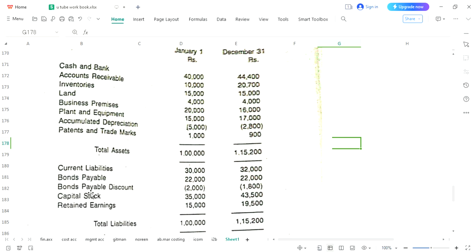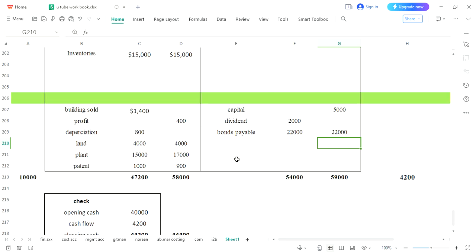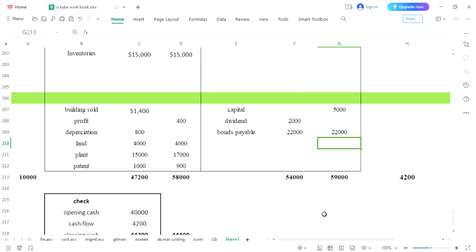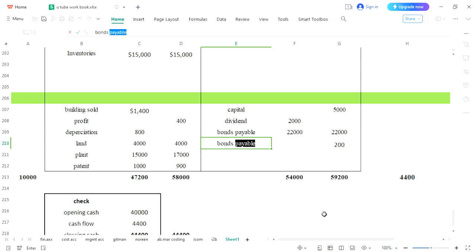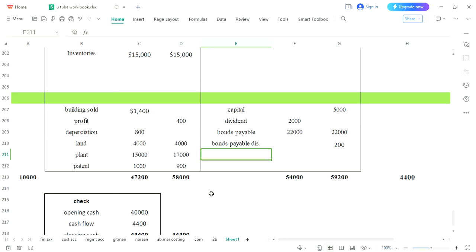Since it is related to bonds payable, means we will choose liability side and will add. So here is add column. In liability side, 200 was discount. It was bonds payable discount 200. After which we have capital, and capital is already adjusted.